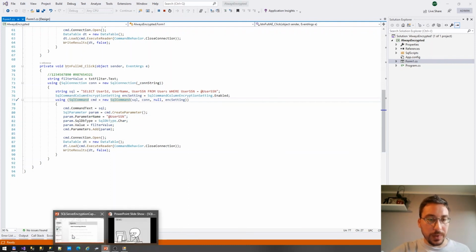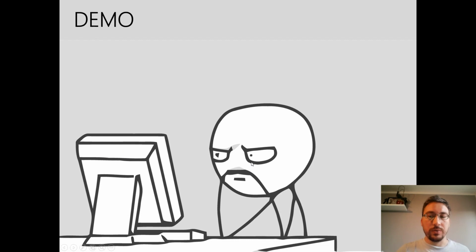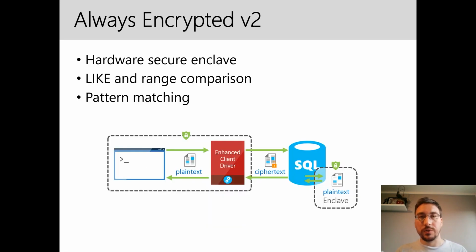Okay, so back to the presentation. Now, Always Encrypted version 1 was what existed until SQL Server 2019. Then Always Encrypted version 2 came out. Version 2 uses something called a hardware secure enclave and enables LIKE and range comparisons and pattern matching.